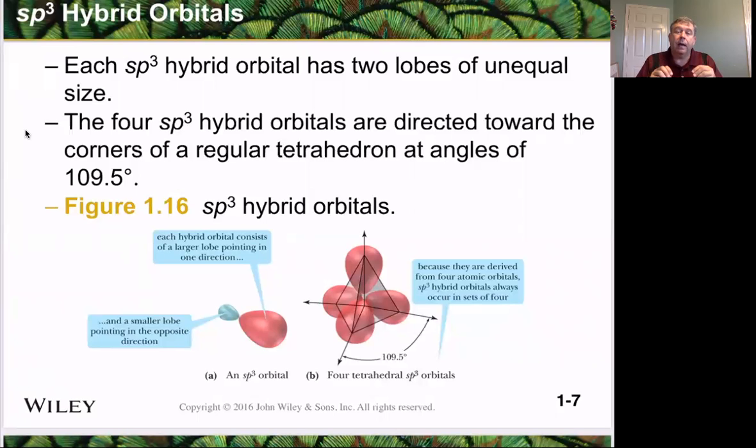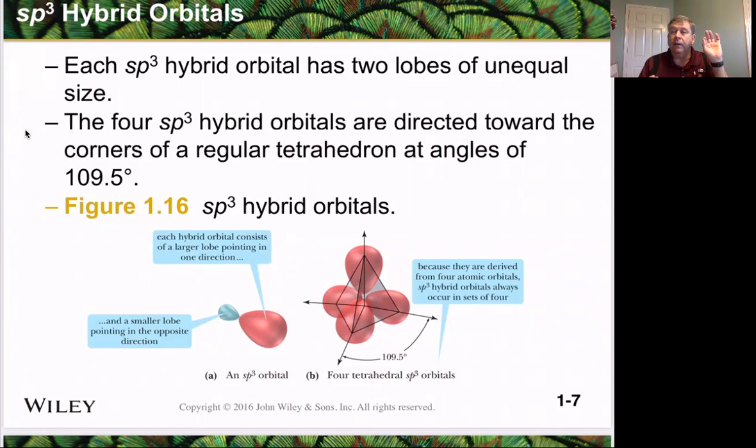And then that means we have that small lobe that has less electron density in it, right? So the big lobe of it is the one that dominates the electron repulsion. So now we have 4 of these big lobes, and the best way we can spread 4 things out in space is to give us that 109 degrees tetrahedral shape.